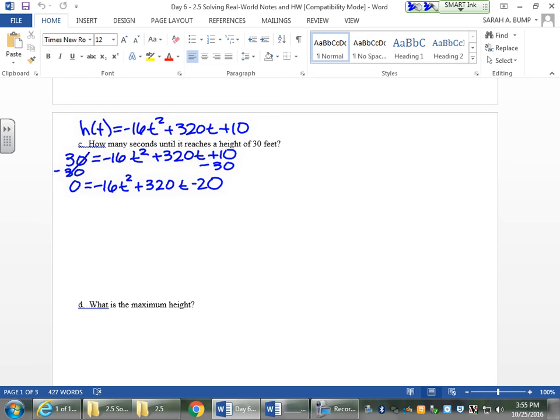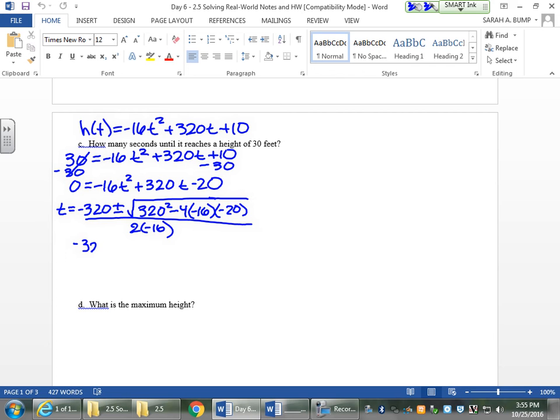The only thing that's going to change is your c value. So x equals negative b plus or minus square root b squared minus 4ac all over 2a. I know it's repetitive, but the more you practice it, the better you're going to get at it.